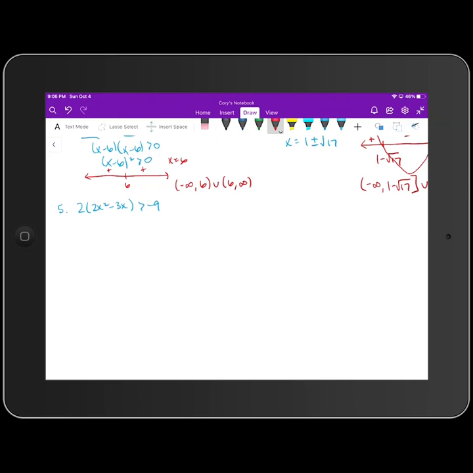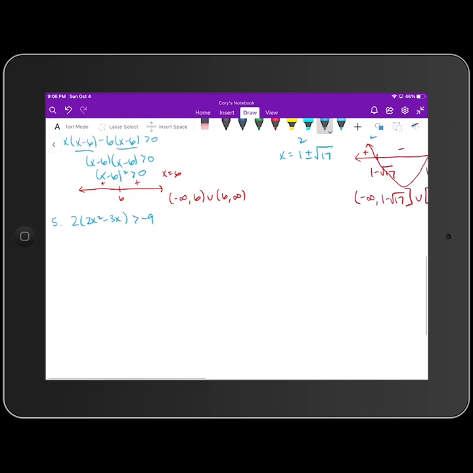Okay, so for this one here, I'm going to go ahead and distribute 2 on the left-hand side. So we get 4x squared minus 6x. And then I'm going to add 9 to both sides. And we want to find where that is greater than 0. Okay, so again, first thing we want to check, is this factorable?